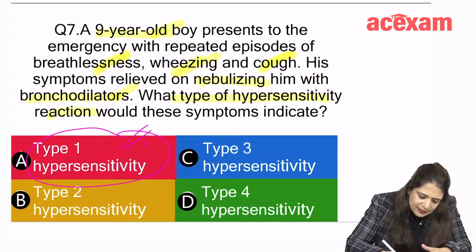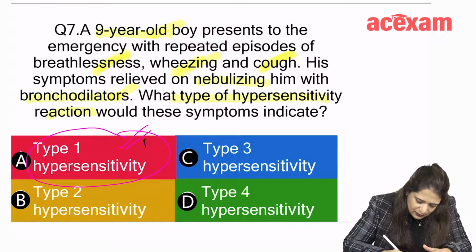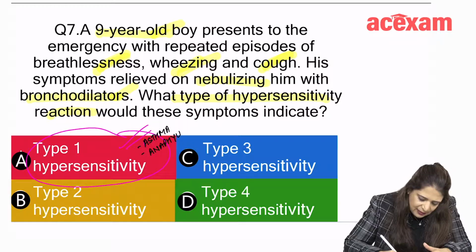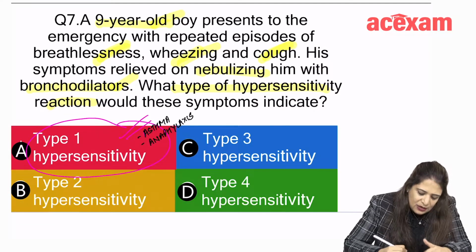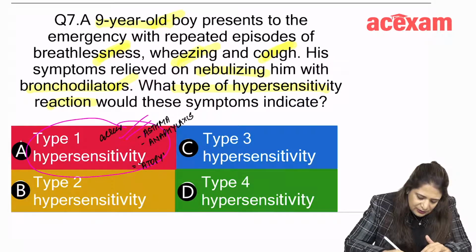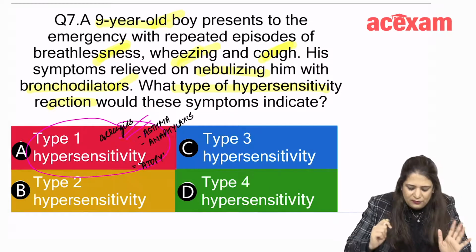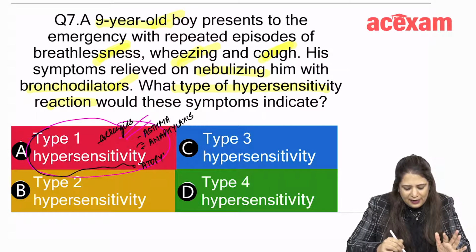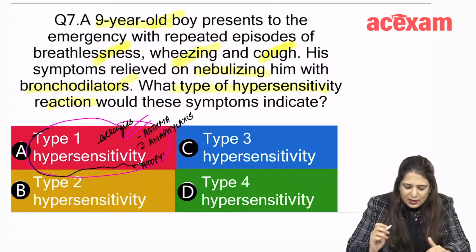Examples also include anaphylactic reactions, anaphylaxis. Type 1 hypersensitivity is sometimes also known as atopy. You can remember this as allergies as well. So all allergies, asthma and anaphylaxis fall under type 1 hypersensitivity reactions.